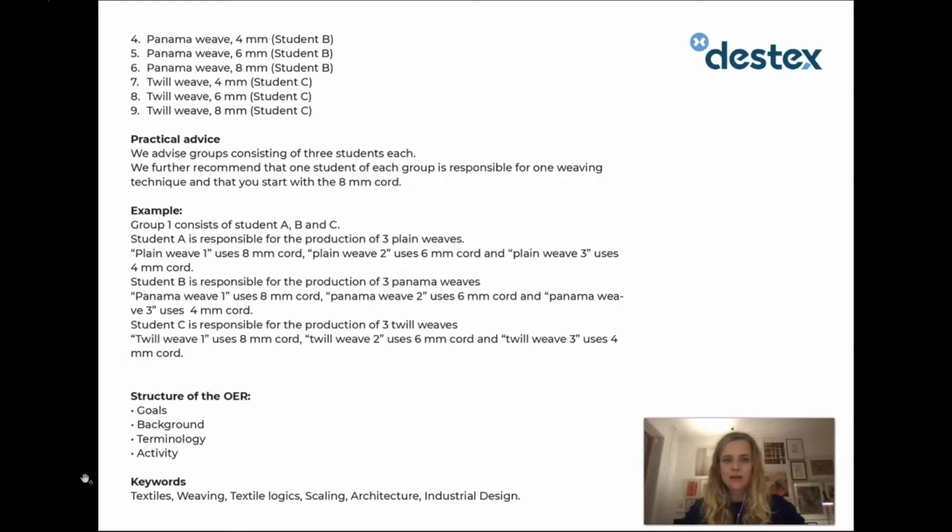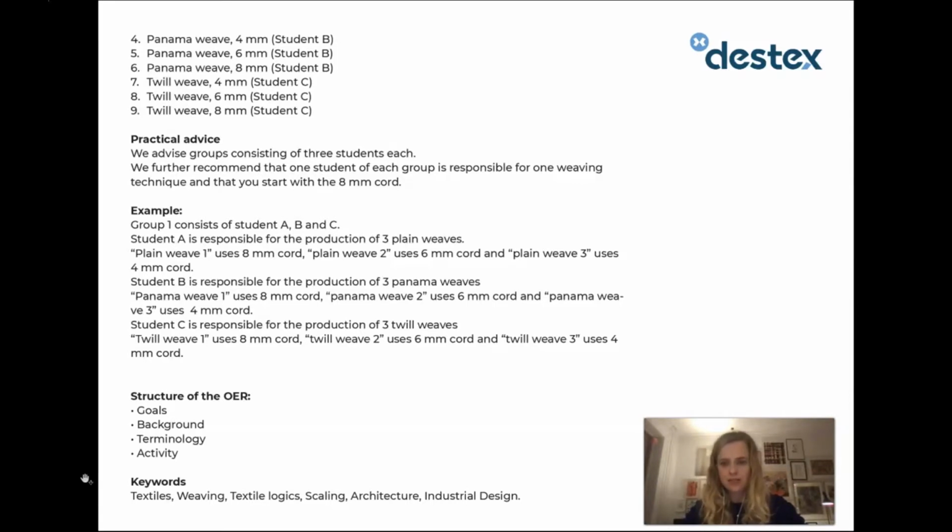As a practical advice, we advise groups consisting of 3 students each. We further recommend that 1 student of each group is responsible for 1 weaving technique, and that you start with the 8 millimeter cord. Let's take an example.